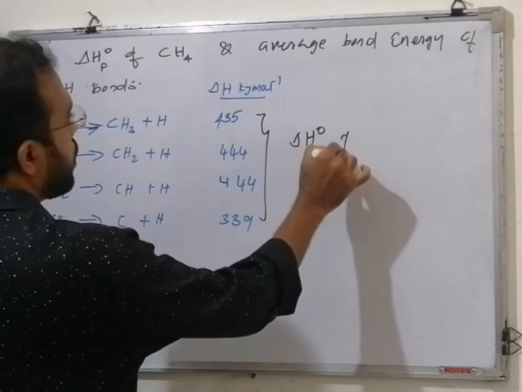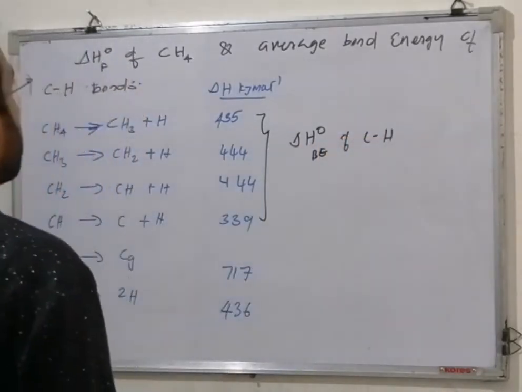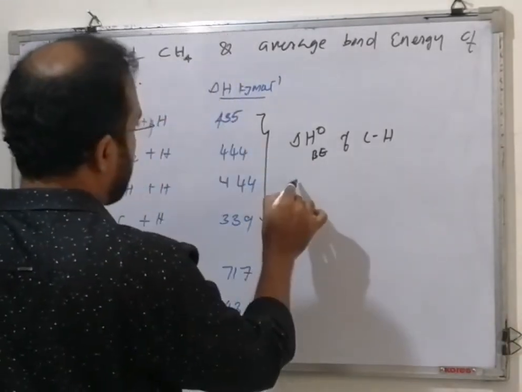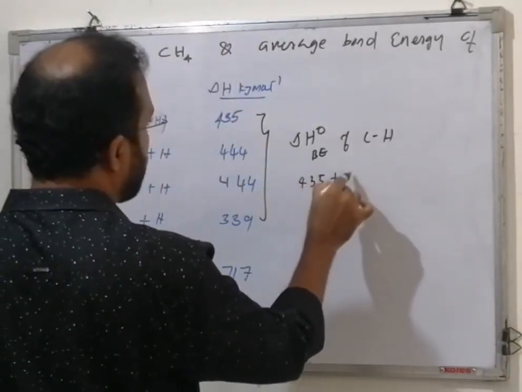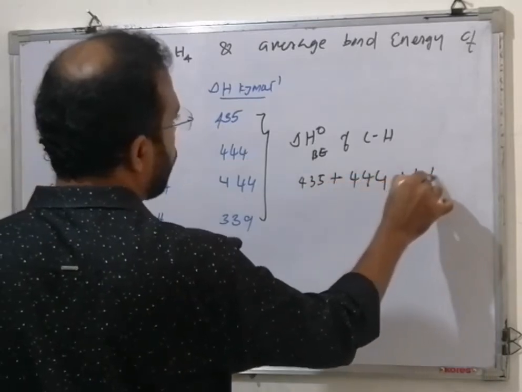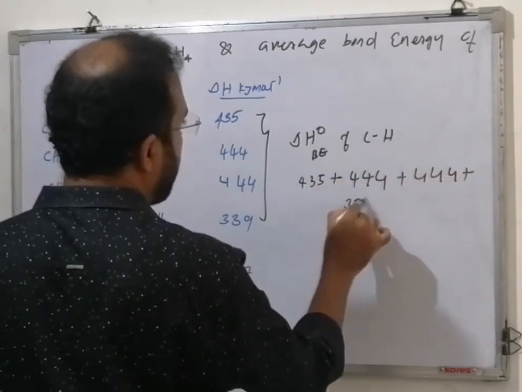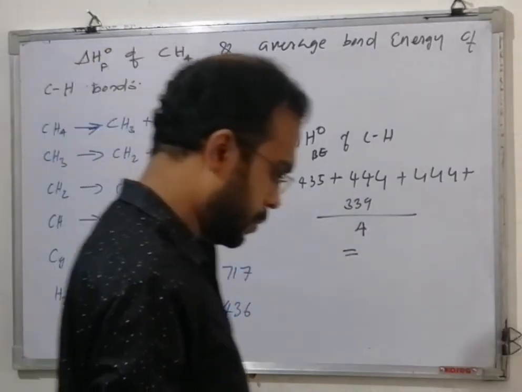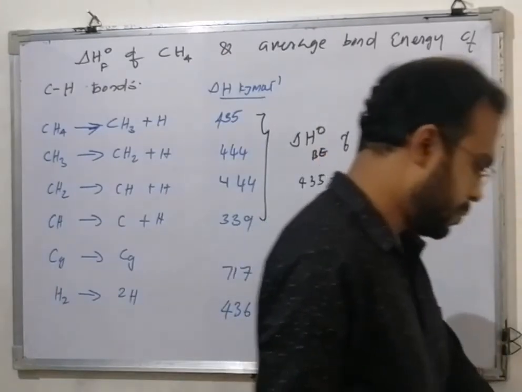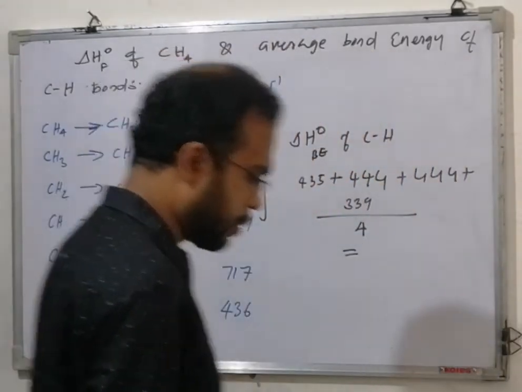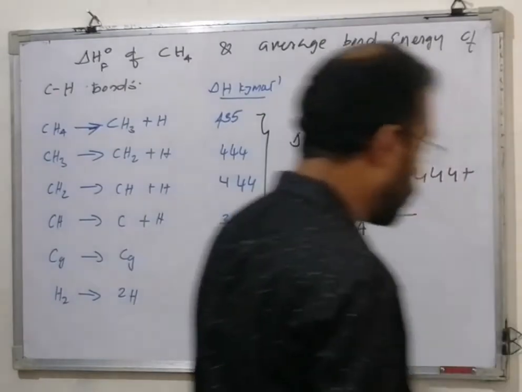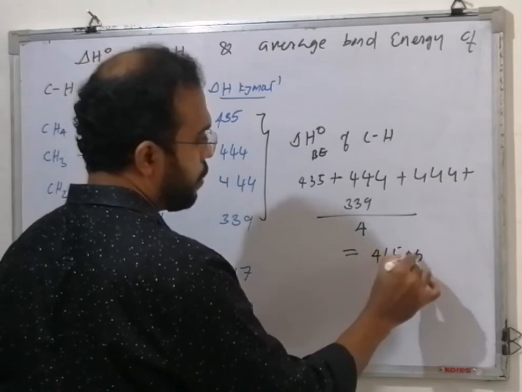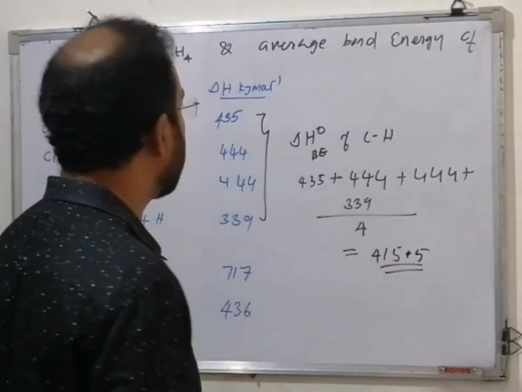Bond energy of CH4: the average bond energy of the CH bond is the average of these, that is 435 plus 444 plus 444 plus 339, all divided by 4. You will get the answer 415.5, almost, kilojoule per mole.